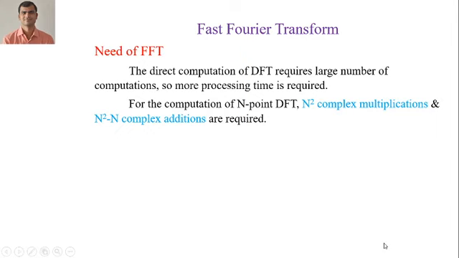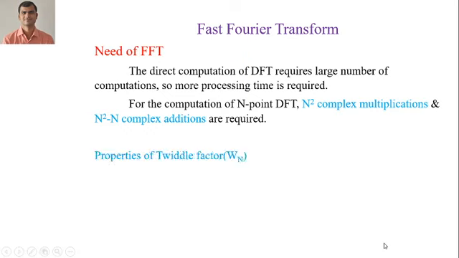To perform the N point DFT we require N square complex multiplications and N square minus N complex additions, whereas for FFT we require N by 2 log to the base 2 of N complex multiplications and N log to the base 2 of N complex additions. For that purpose we are going for FFT.